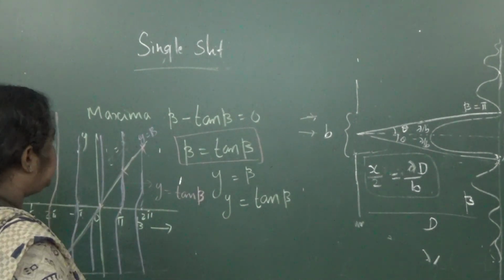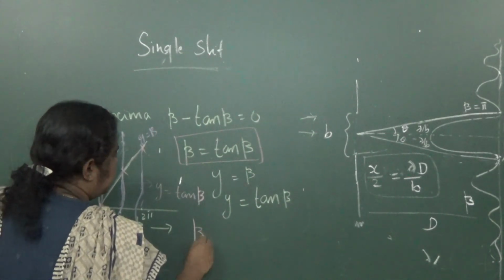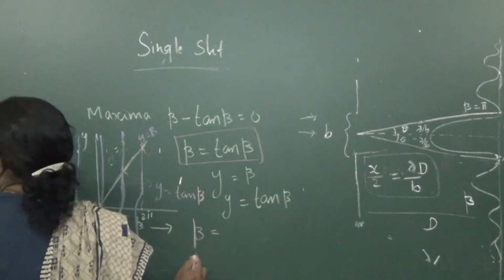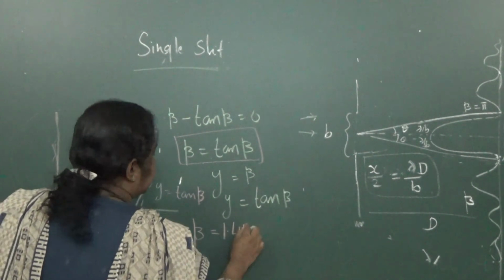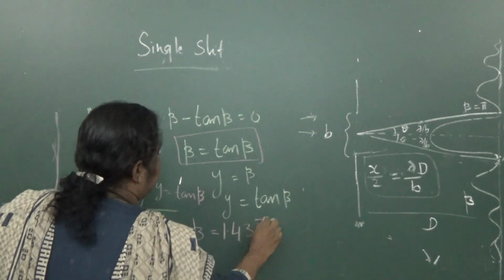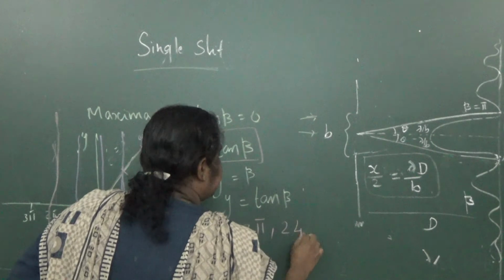You can see at the point beta is equal to the condition for maxima: the first secondary maxima is at 1.43 pi and the next is 2.46 pi, etc.